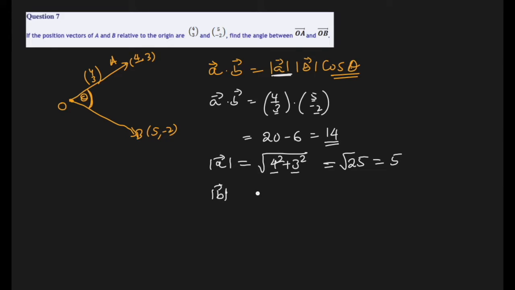Magnitude of the vector B will be square root of 5 square plus (minus 2) square, which is 25 plus 4, 29, no square root here.